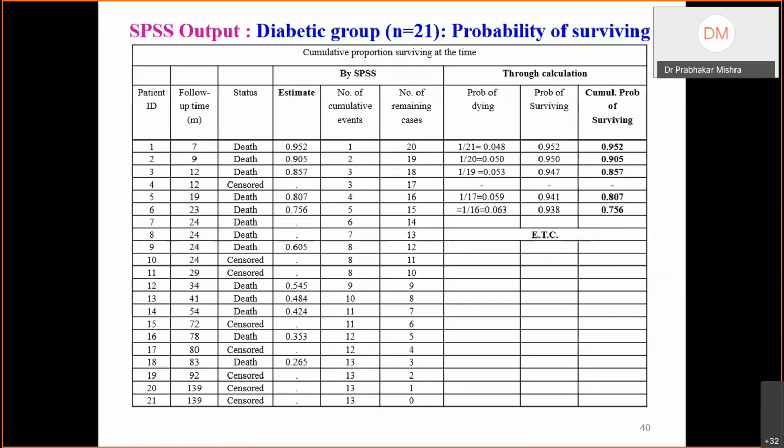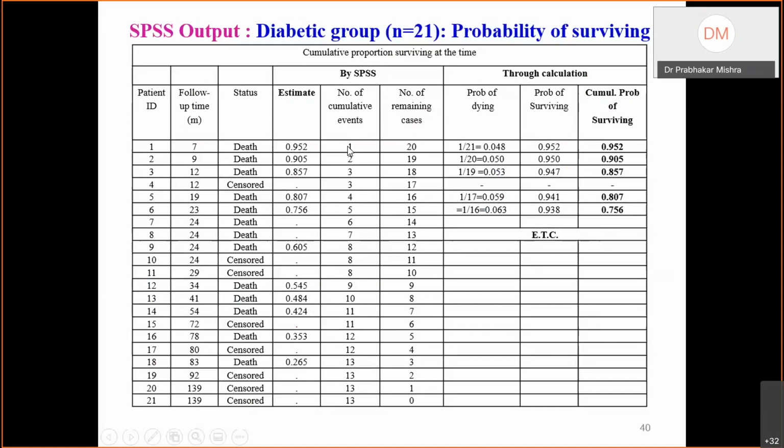In the diabetic group, the first patient death is reported here. So the remaining patients are 20, so 20 by 21 is remaining. But how many patients died? One. So 1 by 21 is 0.048.